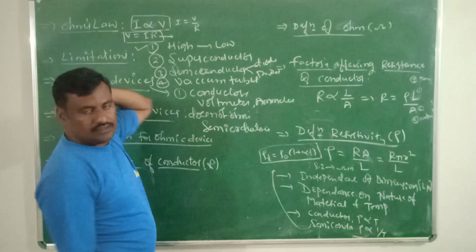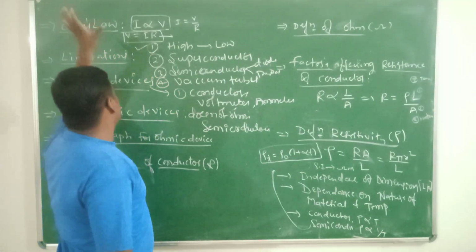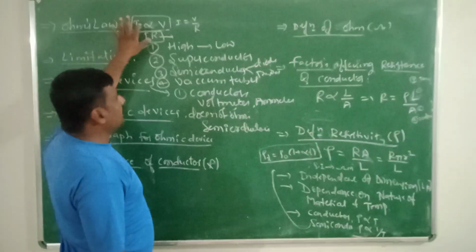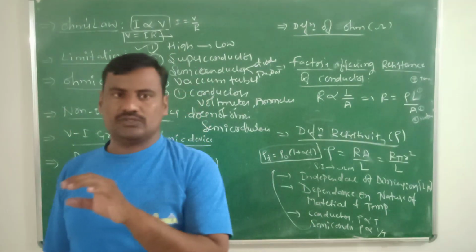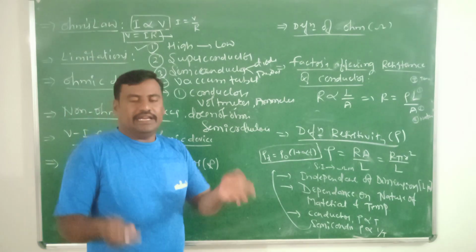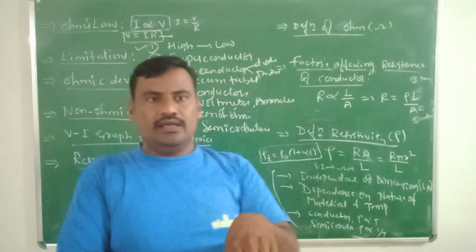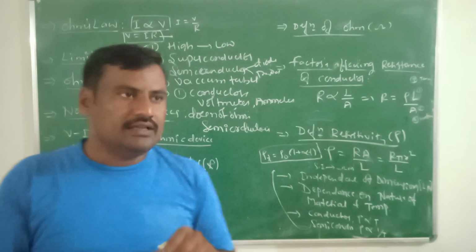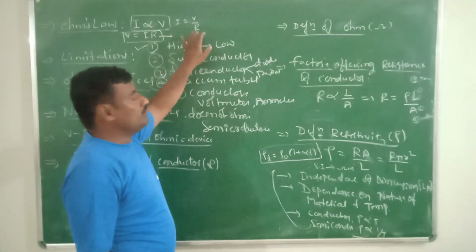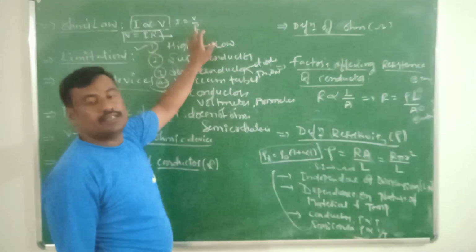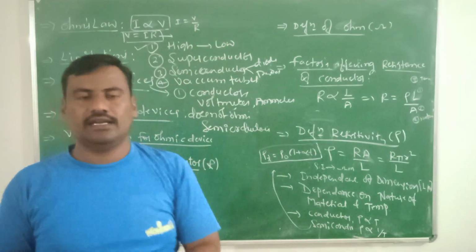Once again I am telling the statement. The current flowing through a conductor is directly proportional to the potential difference between its ends, provided temperature and other physical conditions are kept constant.